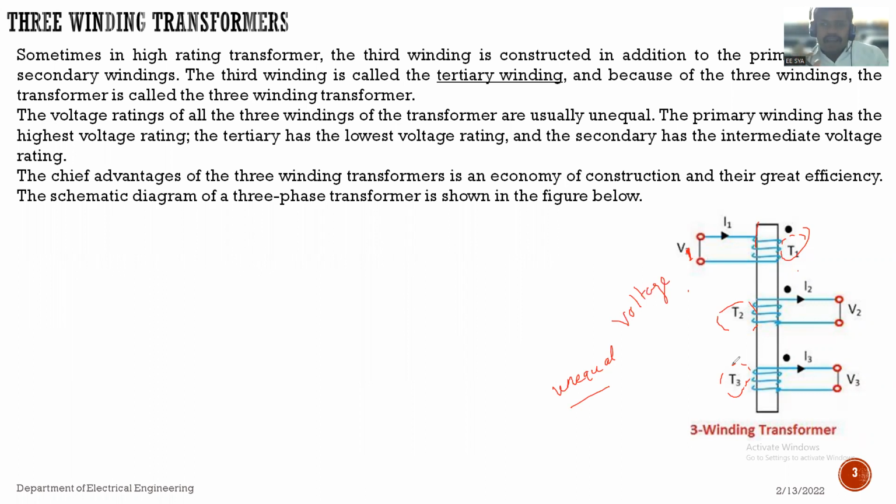So the primary winding has the highest voltage rating, the tertiary winding has the lowest voltage rating, and the secondary winding has an intermediate voltage rating between primary and tertiary. That intermediate voltage rating can be achieved in the secondary winding. Okay, so this is the schematic diagram of the 3-winding transformer.